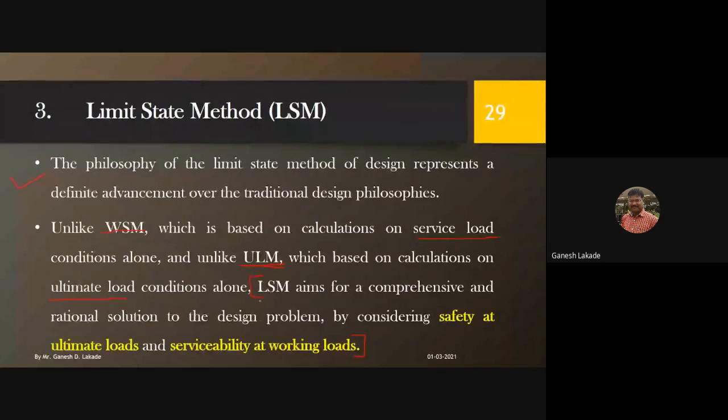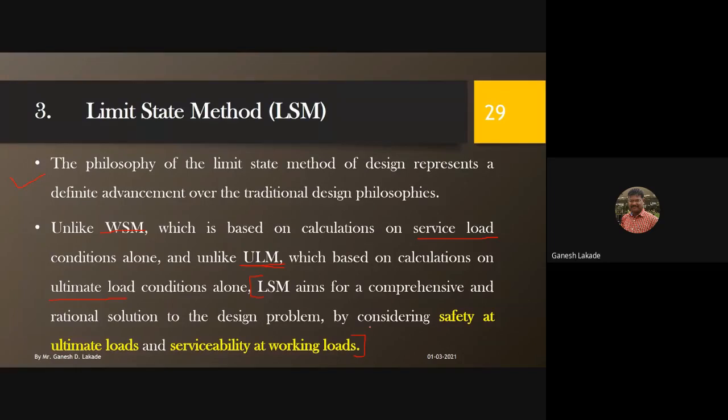So to avoid these kinds of conditions, in limit state method, we have used the concept of safety at ultimate load. Whatever structure you are going to design, it should remain safe at the ultimate loads, or the maximum load that can be carried by that element, and it should be serviceable during the working loads.